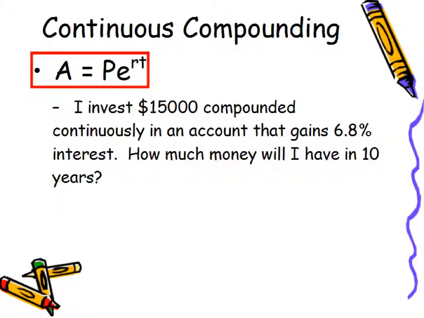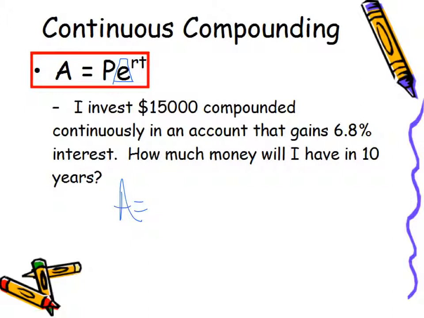Last time they compounded it just 4 times a year. Now let's look at how much money you would make if you were continuously getting that account compounded, so that there was no break between compoundings. So you set it up. Now this is that place where I said that E shows up, because if you were to compound it numerous times, you could put in a 12 for compounded monthly, you could put in a 365 because it's compounded daily, or you could put in a huge number for hourly or every minute or whatever.